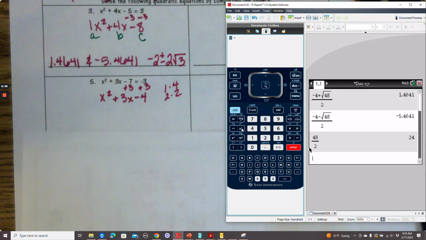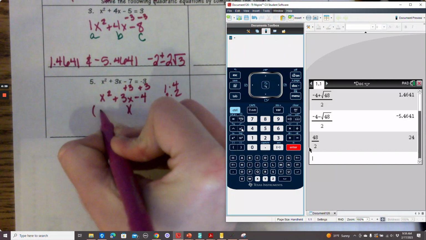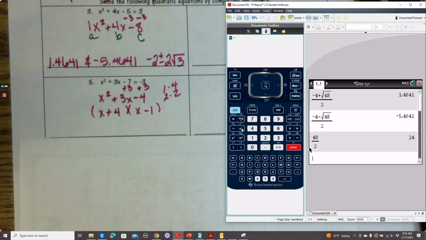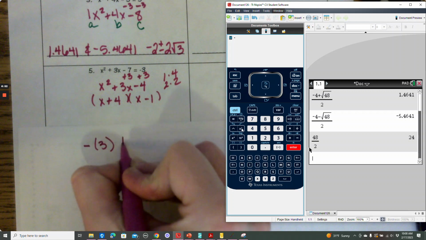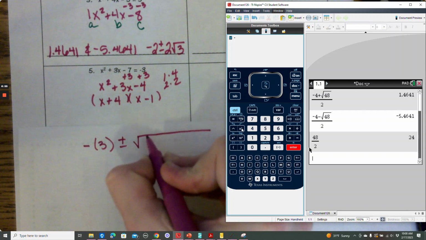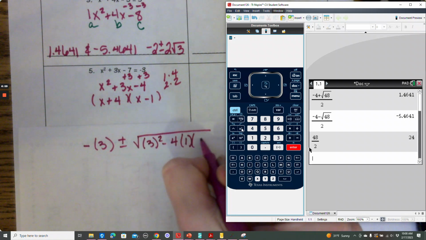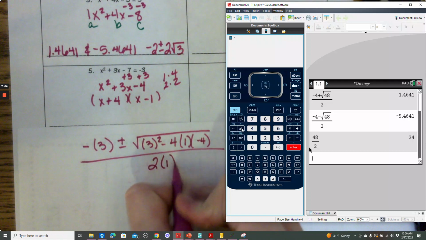So let's just do, again, quadratic formula will solve any of these. You can factor. So if you want to factor this, you would have x plus 4, x minus 1. You could factor and solve. You can do quadratic formula. So negative b plus or minus the square root of b squared minus 4 times a times c, divided by 2a.